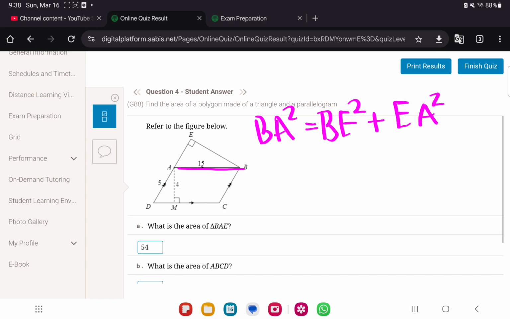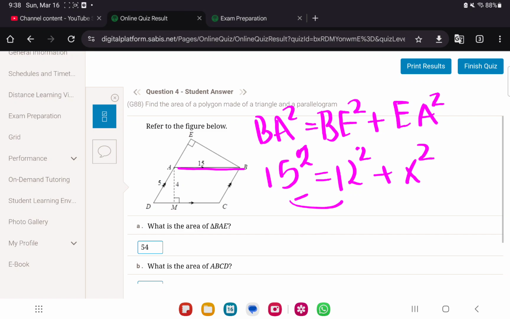BA is equal to 15, it's already given. Squared equals BE, which we found, so 12 squared plus EA, which we don't know what it is, okay? So plus x squared.